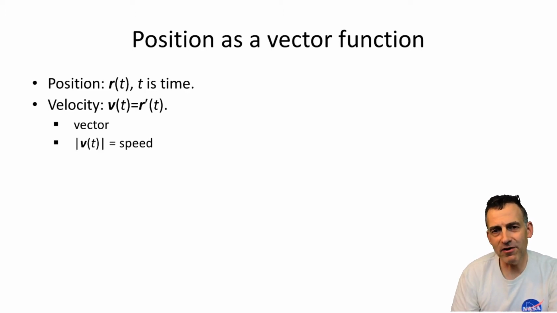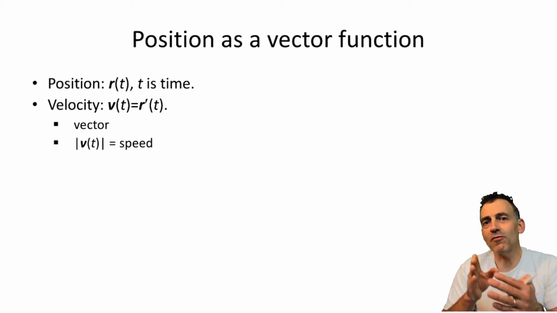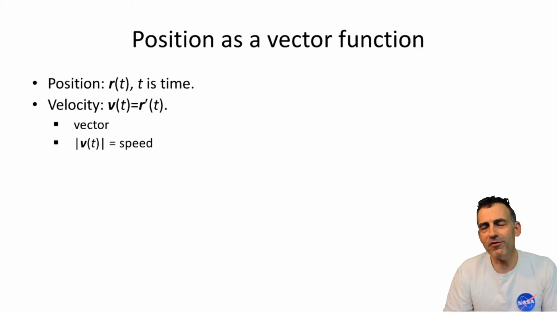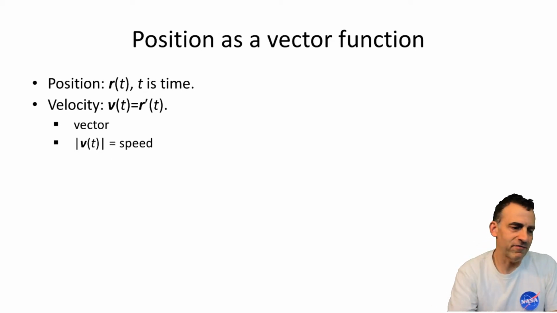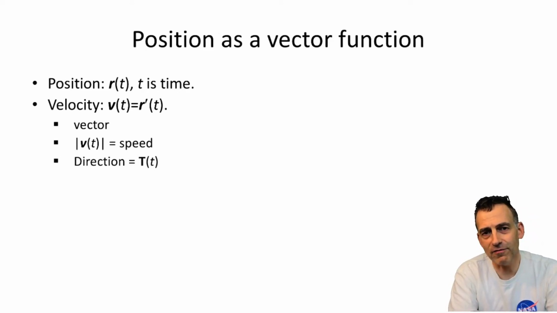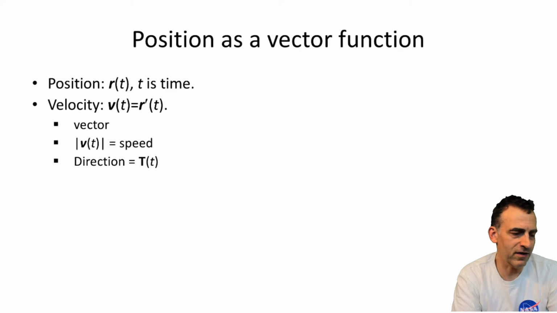If you're driving your car, how fast you're going is your speed. Your velocity is the direction and the speed together. So you could be going 35 miles an hour north or 35 miles an hour south, and it's the same thing in terms of the speed, but velocity is very different. Your direction is important.